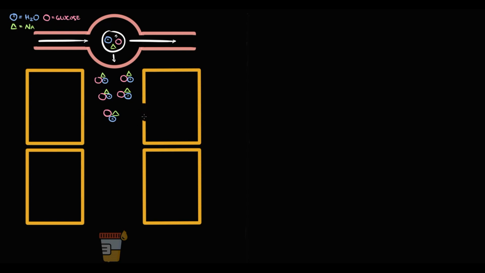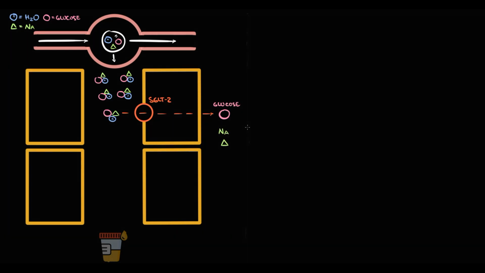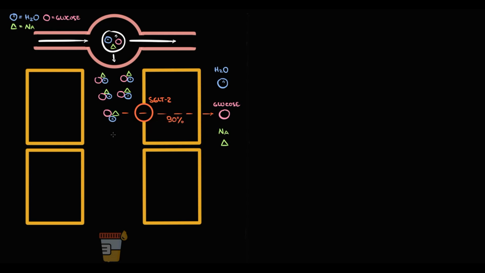In the proximal tubule is located SGLT2 transporter. This transporter provides reabsorption of huge amount of glucose together with sodium. And because both glucose and sodium are osmotically active, together with them we also reabsorb water. In fact, approximately 90% of all glucose molecules are reabsorbed by SGLT2 transporter.